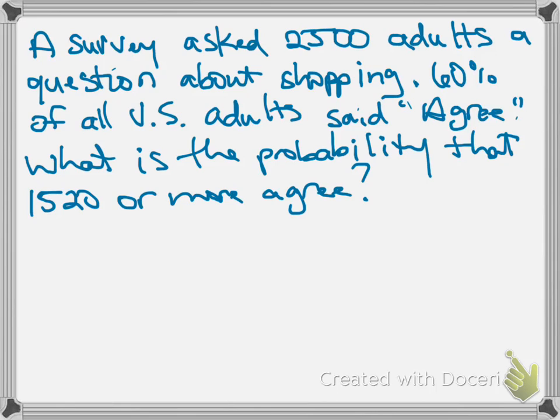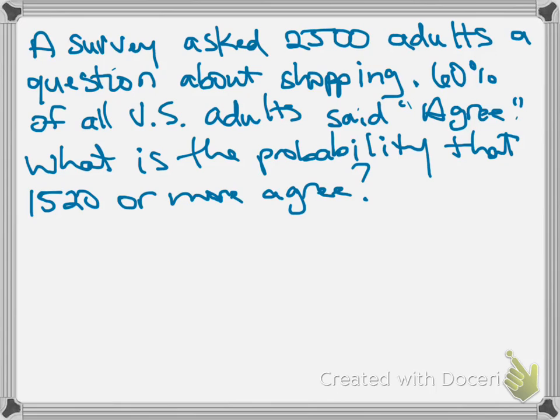We think that overall, if we surveyed the entire American adult population, that 60% of all adults would agree with this statement. We want to know that out of our random sample of 2,500 people, what the probability is that 1,520 or more of them will agree.